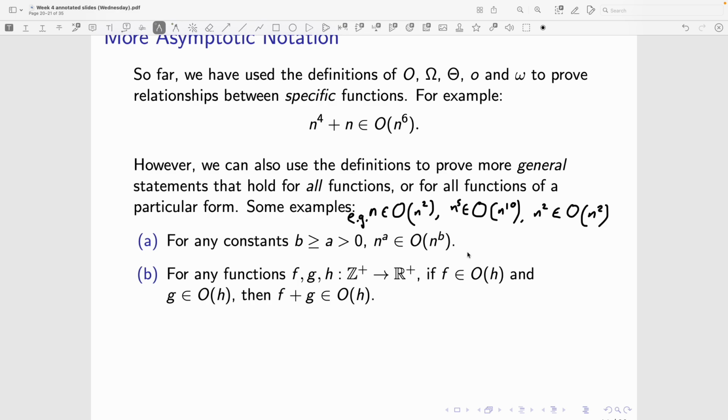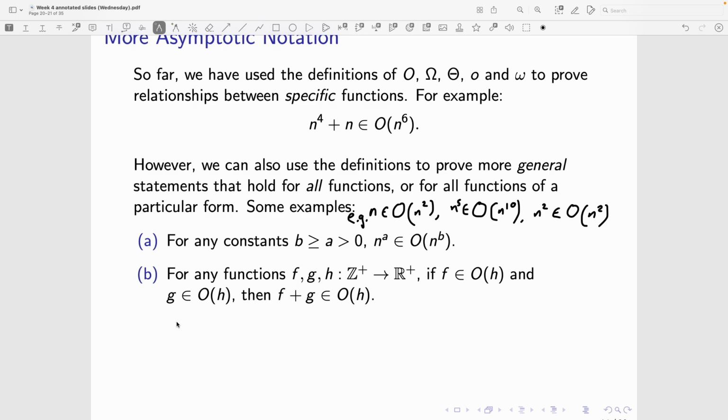Second thing is that for any functions f, g, and h from the integers to the real numbers, all positive, there's a sort of sum rule. Might remind you of calculus stuff. If f is in O of h and g is in O of h, then f plus g is in O of h.